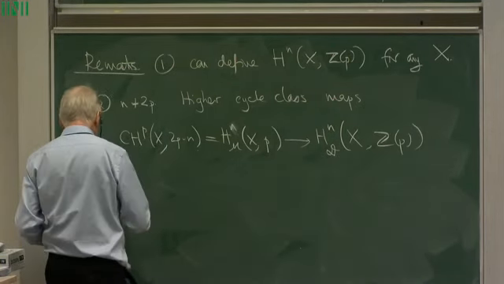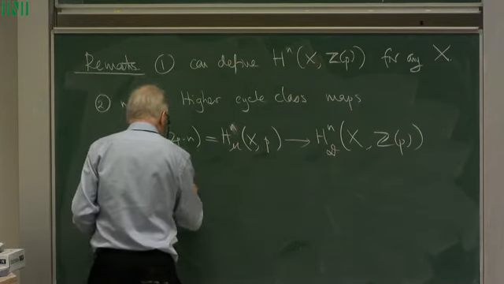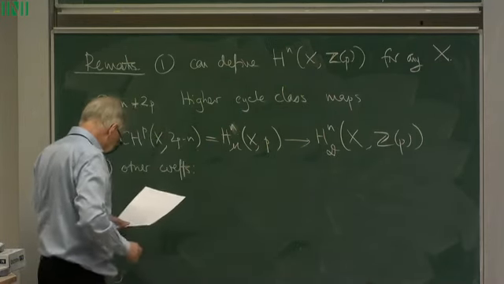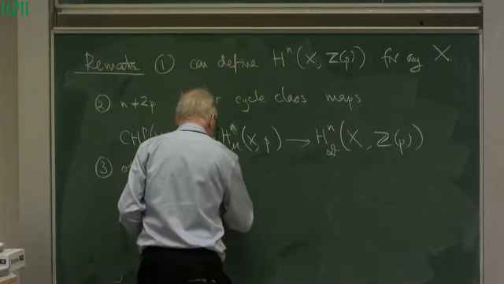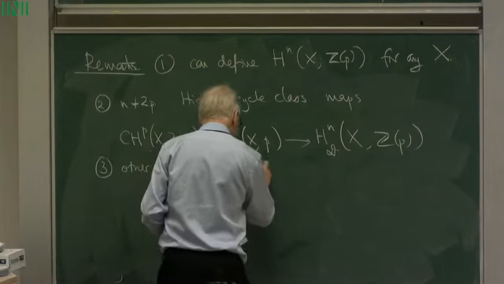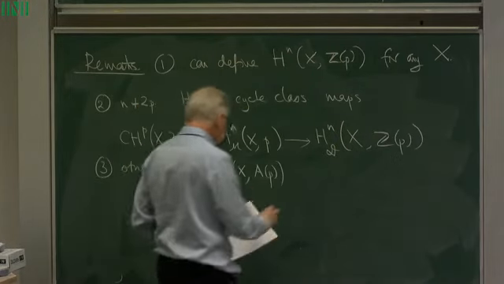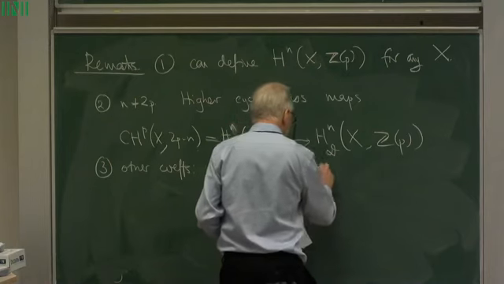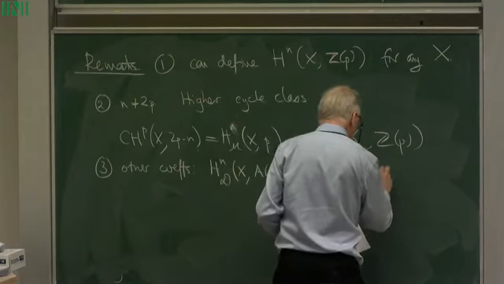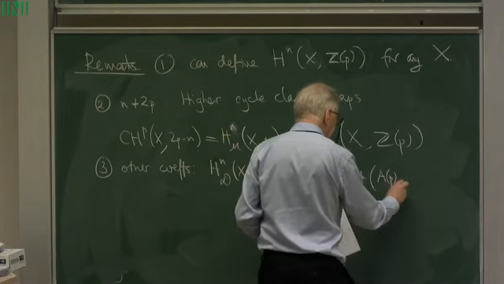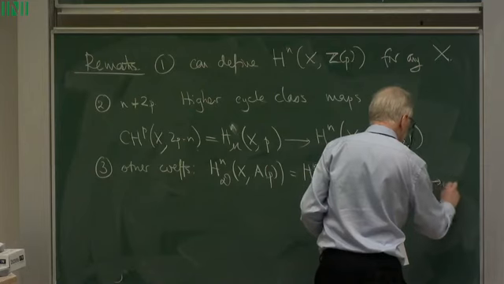And then the third thing is that we can also look at other coefficients. And now there's something where the first guess is wrong here. So this is the H^n of the total complex, except we replace Z by A, so we have A(p) plus F^p of Omega dot going to Omega dot.